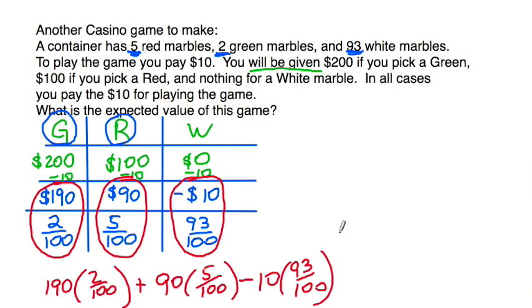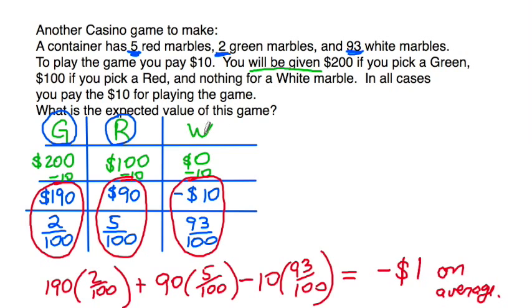So the expected value of this game, much more like a casino, would be the patron would lose $1 on average. And what that means is if they keep playing many, many, many times, on average they're going to lose $1 every single time they play.